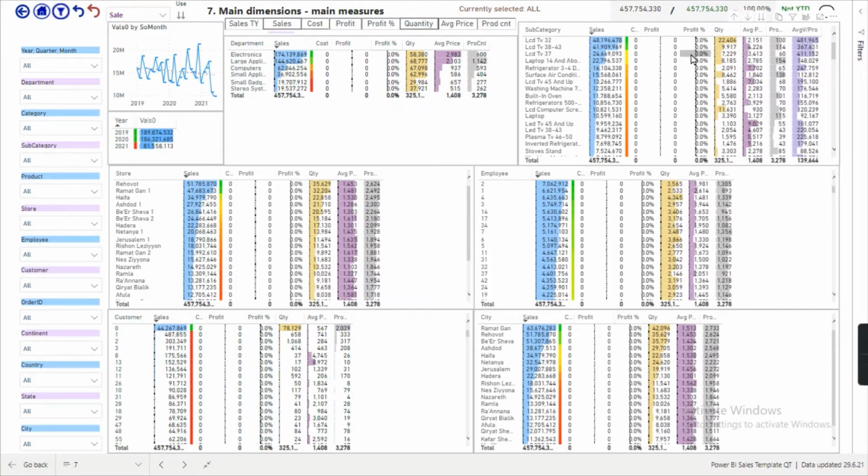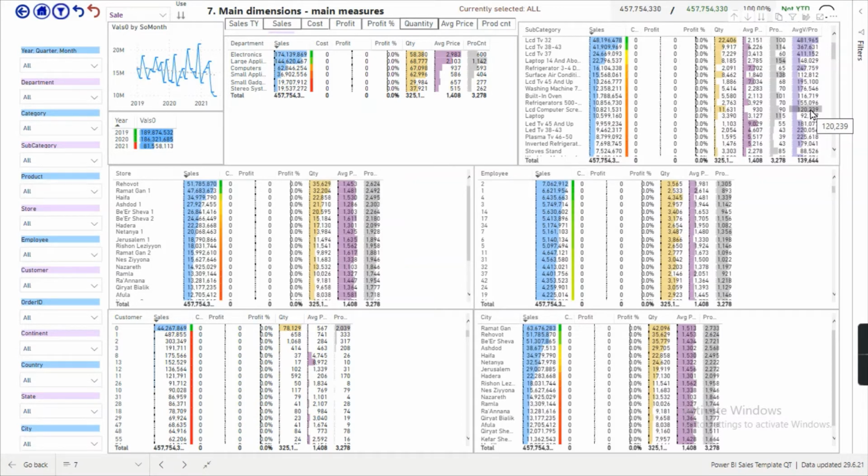If I look at this, I can see differences. For example, average price is very low in LCD computer screen, and quantity is very high. It goes together.